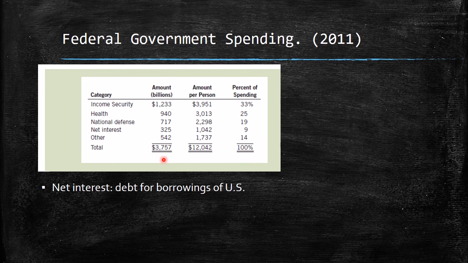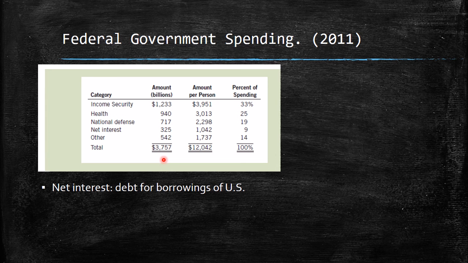Another part, which represents 9% with 325 billion dollars, is the net interest. Those represent basically the debt from borrowings of the United States. It means that the government needs to pay for the borrowings that it has, because you can already see that this is a government that spends more than its income.